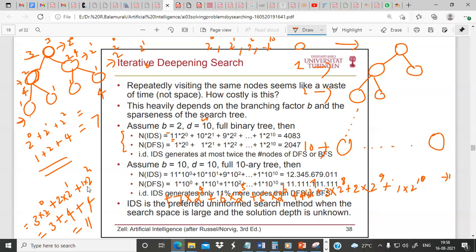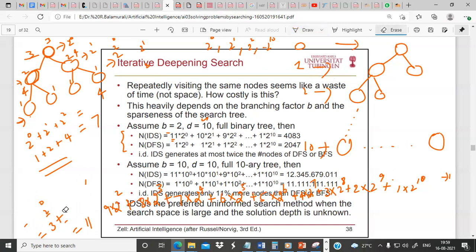At the next level, 2 to the power 3 nodes, explored 8 times. At the next level, 2 to the power 2 nodes, explored 9 times. Okay. It continues until it reaches 2 to the power 0.